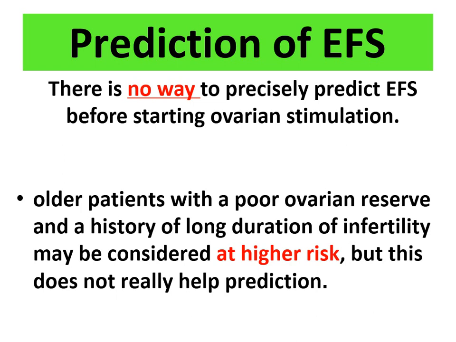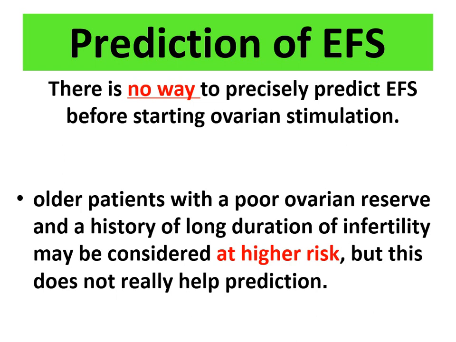Can we predict empty follicle syndrome? Can we tell the patient that you are liable to have empty follicle syndrome before starting the egg retrieval procedure? There is no way to precisely predict these cases before starting ovulation stimulation.